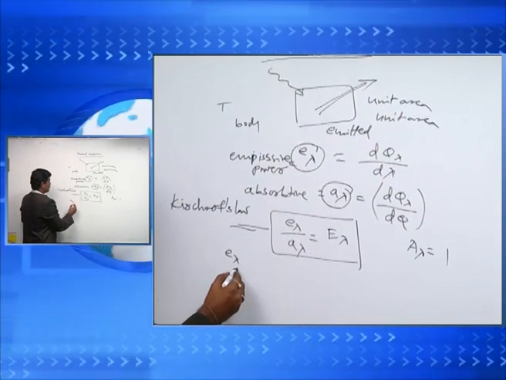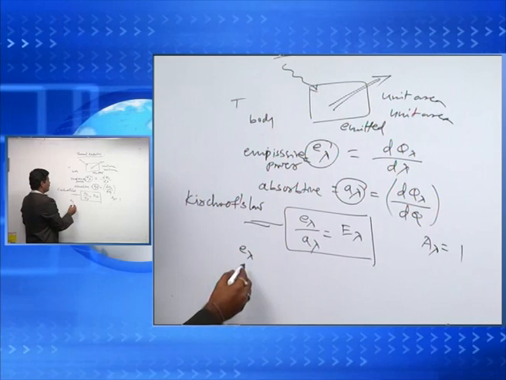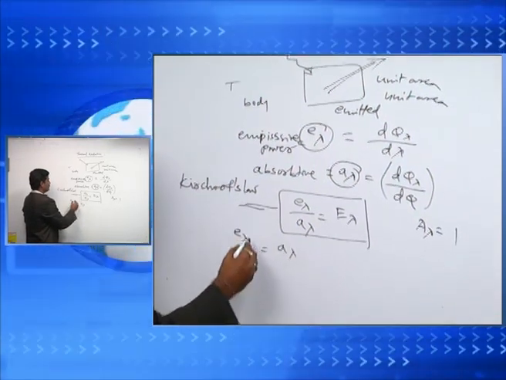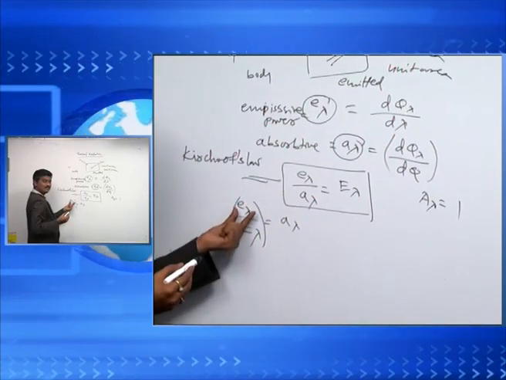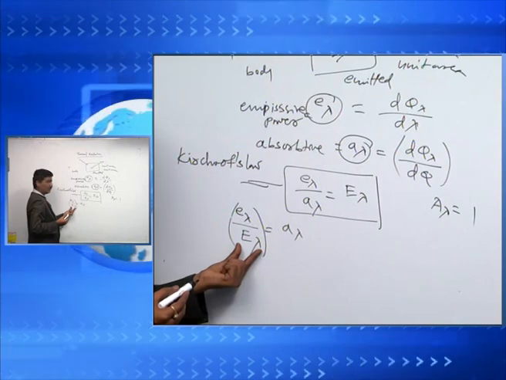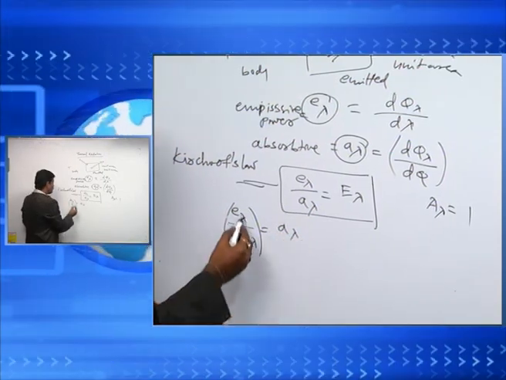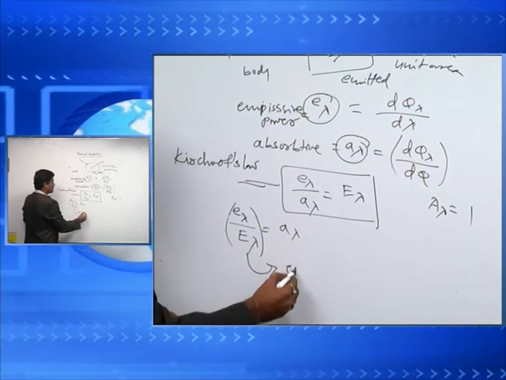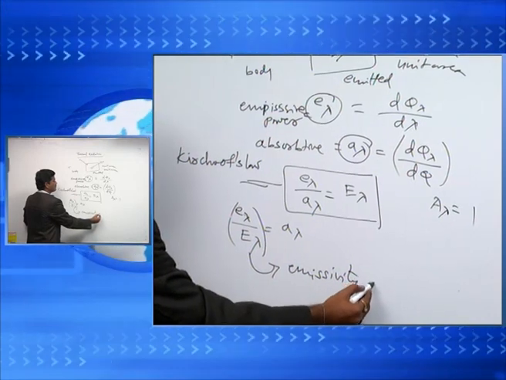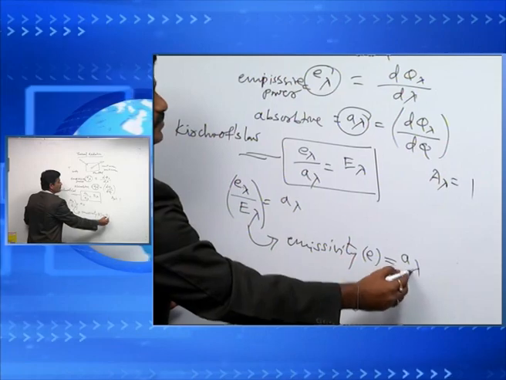Small letters correspond to ordinary bodies, capital letters to the black body: e lambda by capital E lambda is equal to A lambda. So, the ratio of the emissive power of the ordinary body to the emissive power of the black body is equal to the absorptive power of the ordinary body. This ratio we call emissivity, generally denoted by small e.